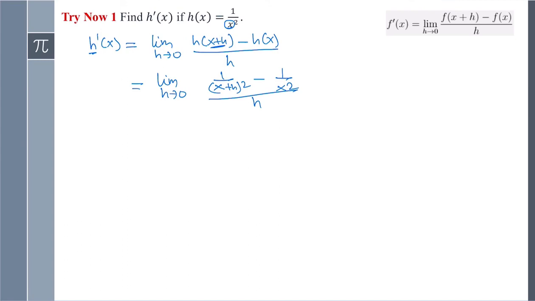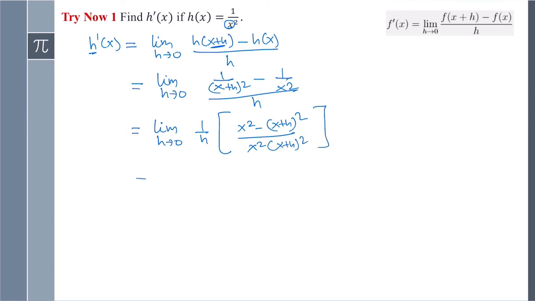I'll factor out the 1 over h, and then do the other simplification. The other simplification is x squared minus x plus h squared, divided by x squared times x plus h squared. Now let's go ahead and simplify this.